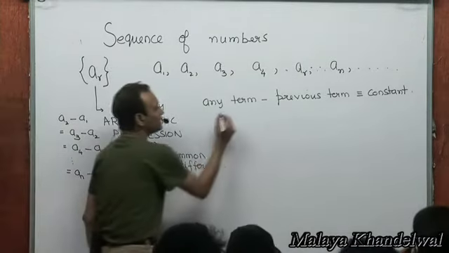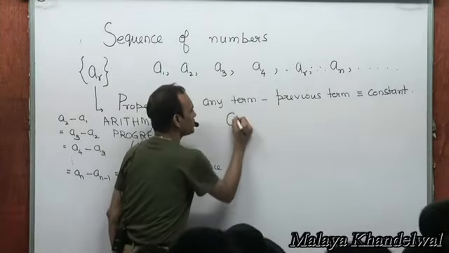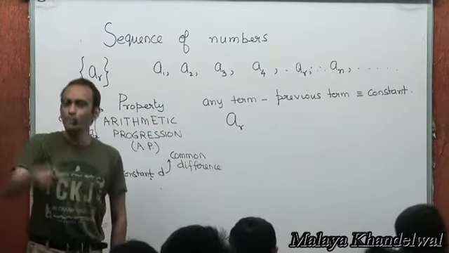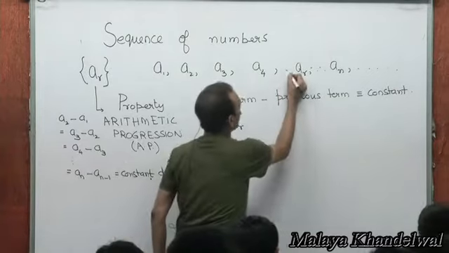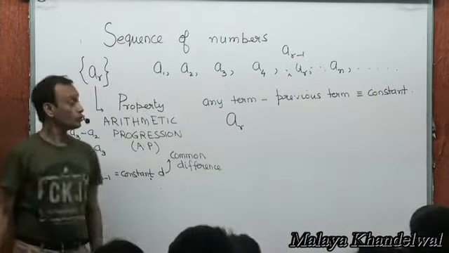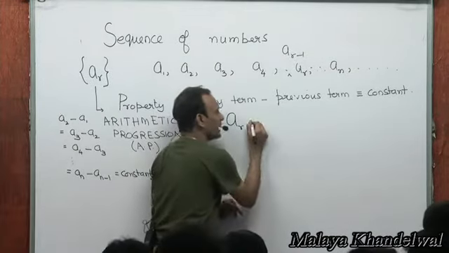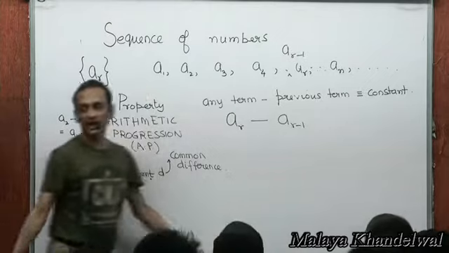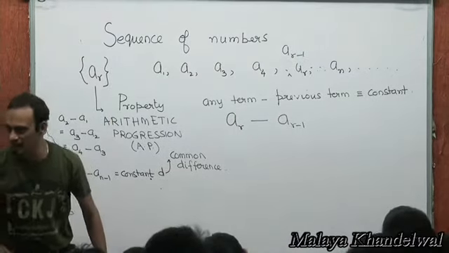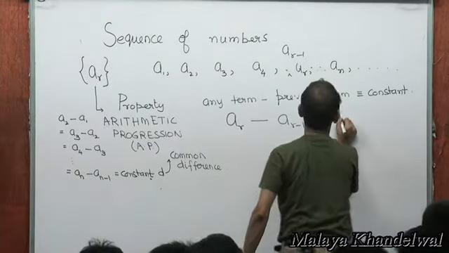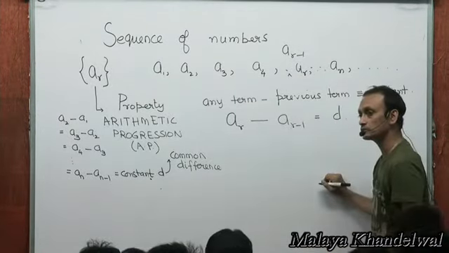Now, any term means the generic term of this collection of numbers is AR. The term prior to AR is going to be what? AR minus 1 would be the term prior to AR. So now any term minus previous term, AR minus AR minus 1, is equal to a constant D for this collection of numbers.